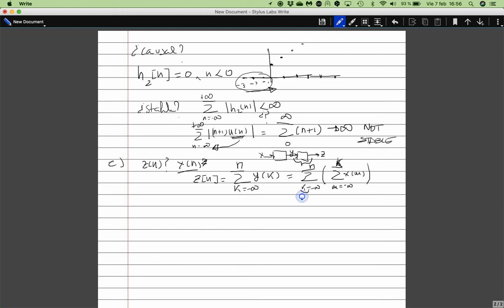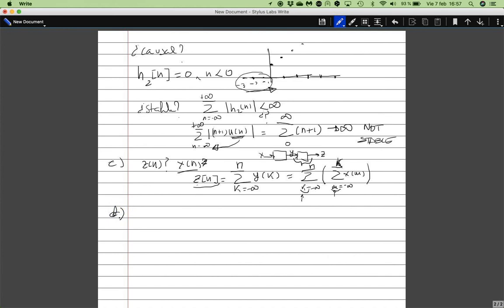By the way, these variables k and m, you can change the name and call them whatever you like, are called dummy variables or dummy indices, because the name of the index itself doesn't play a role on the final result of the system. Okay, so this is just the relationship that they were asking for.